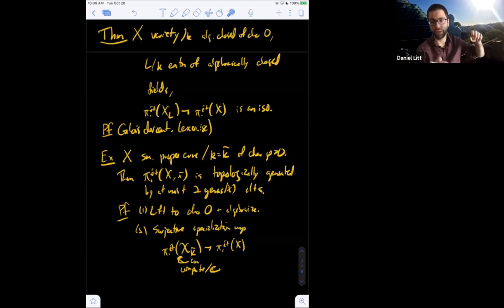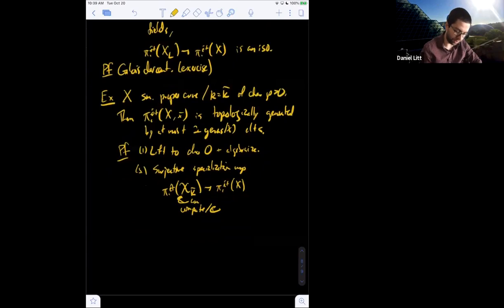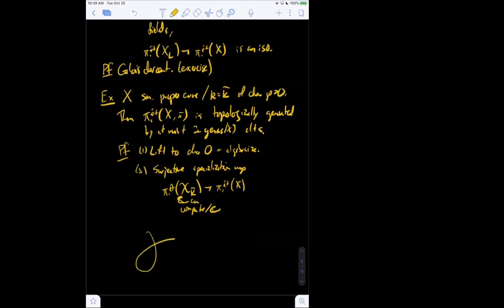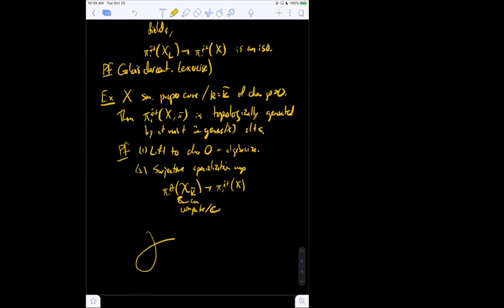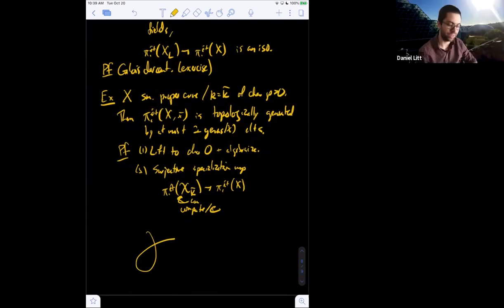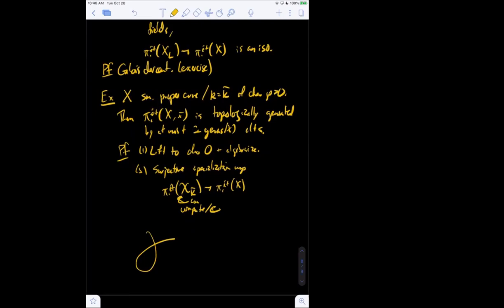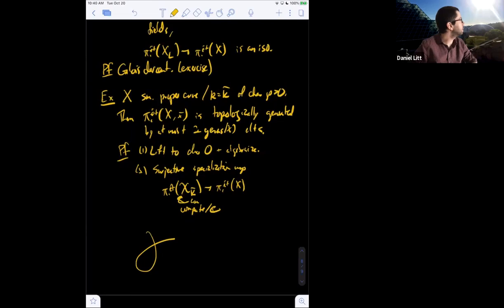Yeah. So for example, if you take a nodal cubic, so this is genus 0. Well, maybe I should ask, what do you mean by genus? Let's take geometric genus. For arithmetic genus, I would have to think about it. It is probably still true, actually.